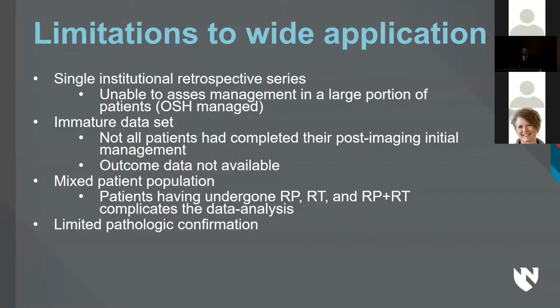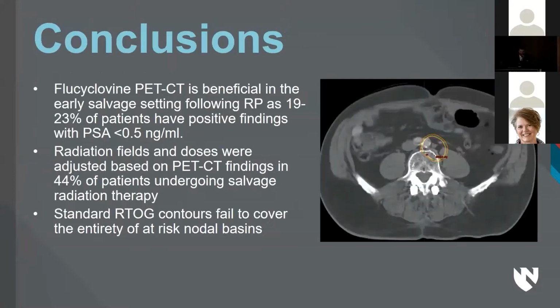This complicates our ability to stratify the benefits in each of these subgroups. Finally, the initial data to assess accuracy for axumin PET CTs had pathologic confirmation as gold standard, and very few of these patients had biopsies after their PET scan.